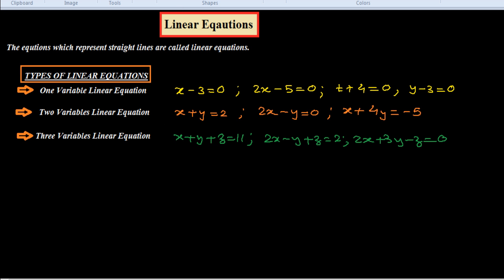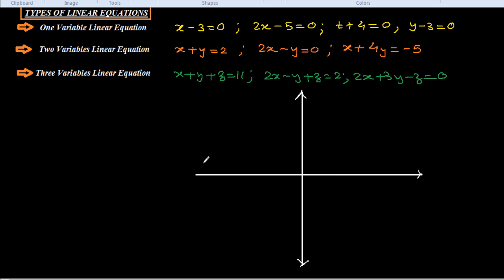First I draw a graph here. This is our x-axis, this is our origin, and this is our y-axis. Now I put some points on this line, like this one is 1, this one is 2, this one is 3, this one is 4, this one is 5.